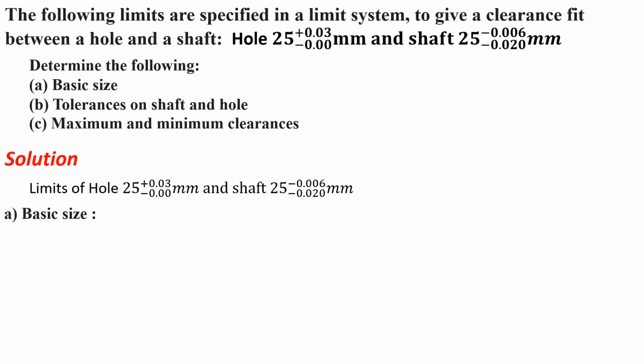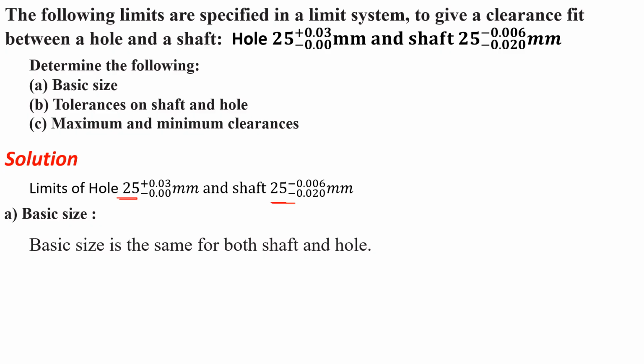First we have to determine the basic size. Basic size is the same for both the shaft and hole. So observe the limits of the hole and shaft here. The basic size is 25, the same for the shaft and the hole. So the basic size is 25 mm.